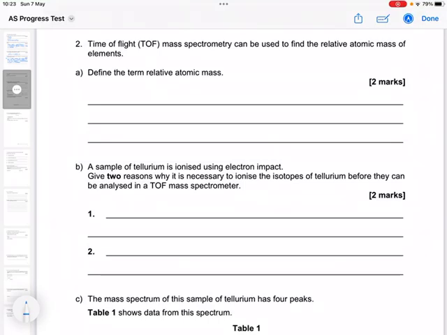Time of flight mass spectrometry can be used to find the relative atomic mass of elements. Define the term relative atomic mass. So this is the mean mass of one atom of an element.